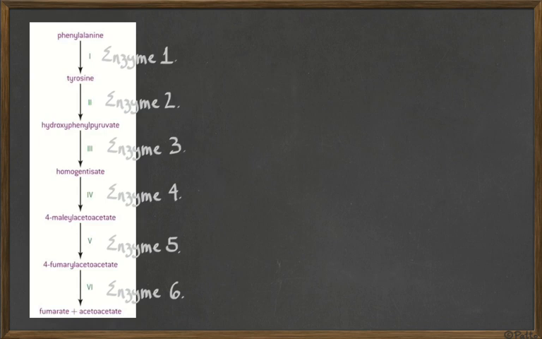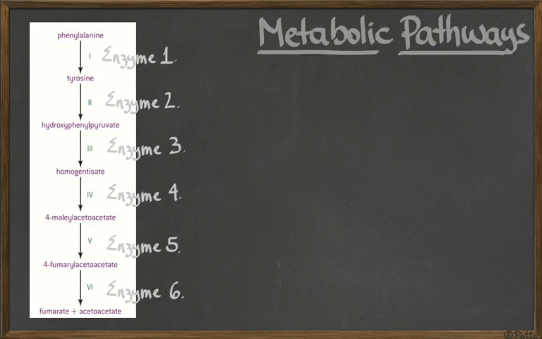So it's not one reaction, it's a cascade of reactions. Okay, and we call this a metabolic pathway because it's like a path, like a trail in the jungle. So you have a pathway that is making metabolic reactions. In this case here, I'm making small changes to make phenylalanine become fumarate and acetoacetate.